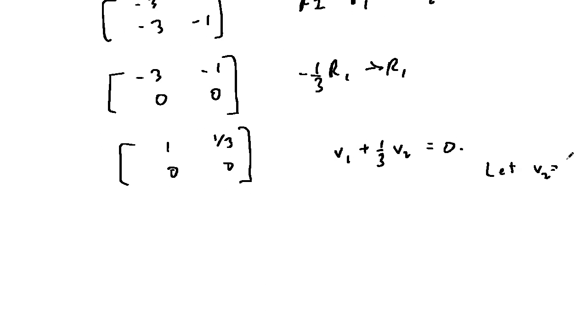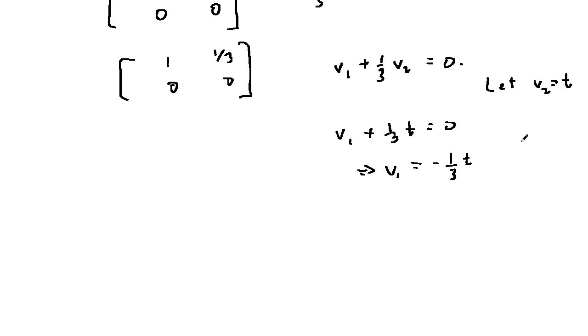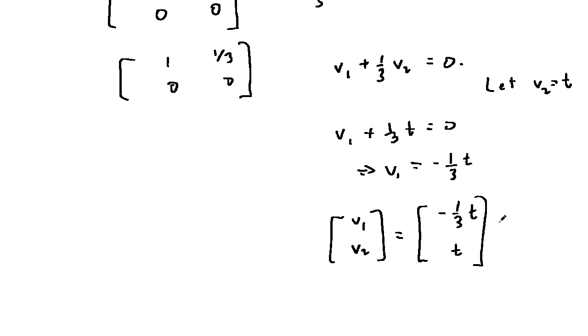Let v2 equal t, some free parameter. Solving for v1, I get this. Okay, so v1, v2, that's equal to this, factoring out the t, I get that.